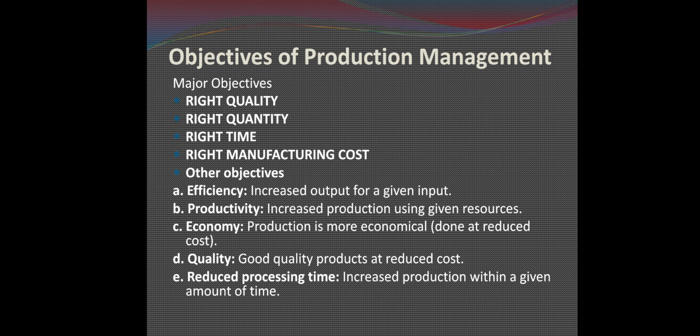Productivity is the ratio of output to inputs, so getting maximum output at minimum input is another objective. Economy means being more economical, at minimum cost. Quality means getting good quality products at a reduced cost. Another objective is reduced processing time, to increase production within a given amount of time.